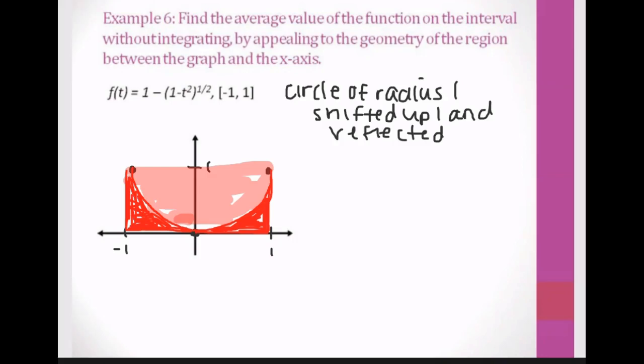So in order to find this function value, we need the area, the area of the rectangle. So its base is 2, its height is 1, so its area is 2.